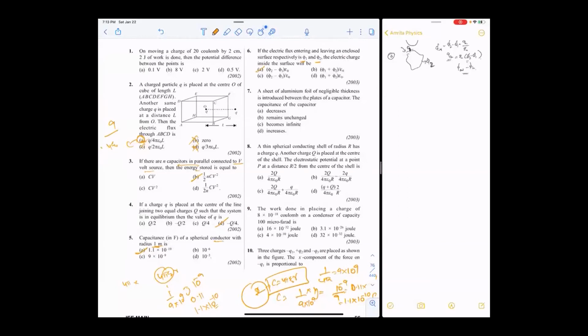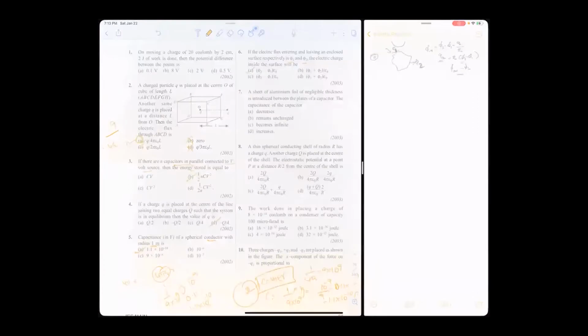Seventh one: a sheet of aluminum foil of negligible thickness is introduced between the plates of a capacitor. What happens to the capacitance of the capacitor? Here it is negligible thickness.